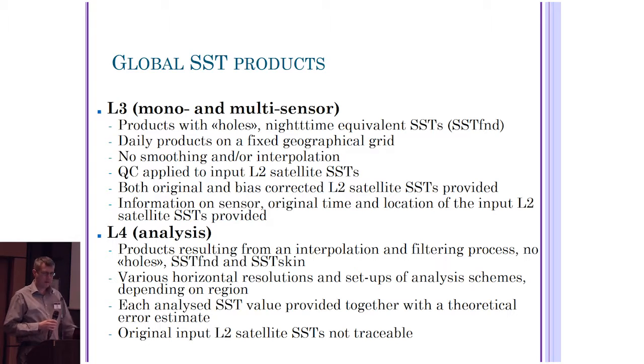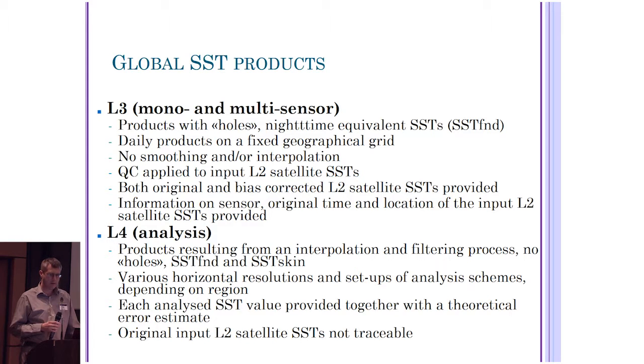So now I'm just going to go through each of the different global products in turn, and also give a bit of guidance about when you might want to use one or the other, because we do have level 3 and level 4 and reprocessed available. So for SST, level 3 data, as I already said, have holes in them due to cloud. These are nighttime equivalent SSTs, or foundation SST.